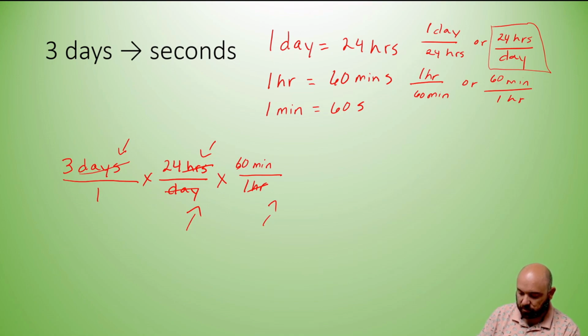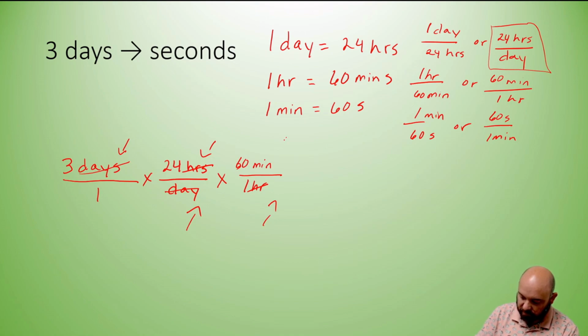And then finally, I think we can take minutes to seconds. That's a pretty straightforward relationship on that one. 1 minute is equal to 60 seconds. And as always, we can write that either as 1 minute is 60 seconds, or 60 seconds is 1 minute.